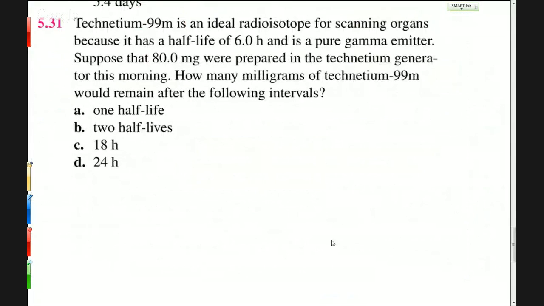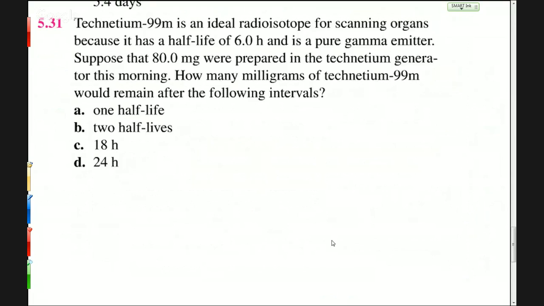It says it's an ideal radioisotope for scanning organs because it has a half-life of 6 hours, which means it's gone pretty quickly, and it's a pure gamma emitter. So it releases these gamma rays that can be detected by equipment, but it's not bombarding your organs with other kinds of radiation that would be more damaging.